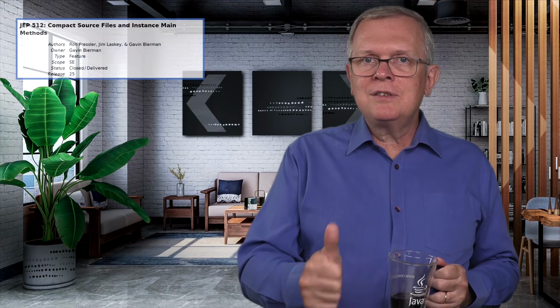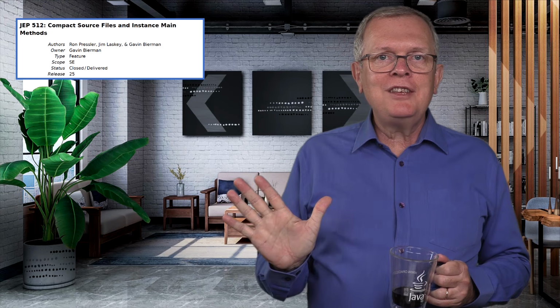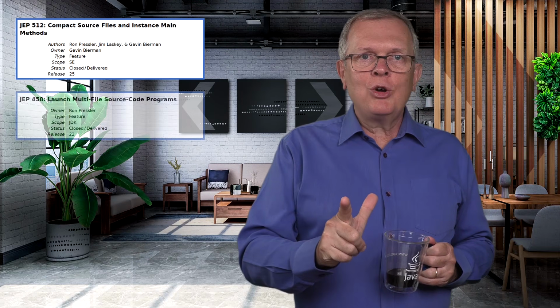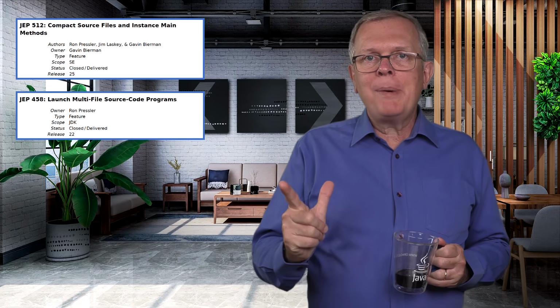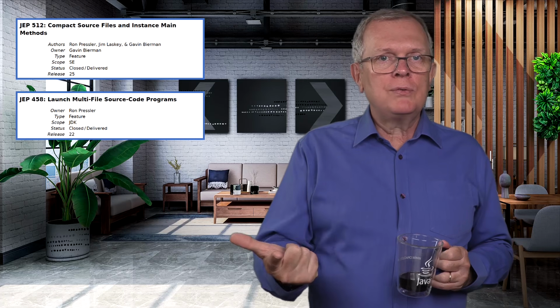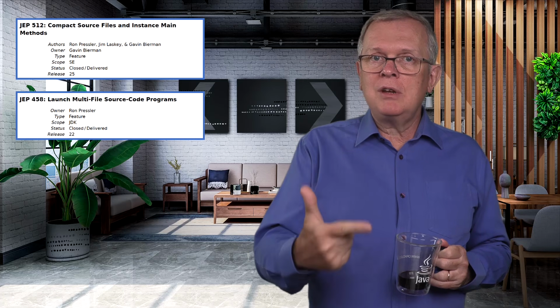So let me quickly wrap up this part because I actually showed you several relatively independent features. First, you can create an instance main method in a .java file that does not need to declare any class. Then you can launch this Java code without going through the compile phase. You can directly invoke Java and pass your source file. The JVM will compile this code in memory and run it.